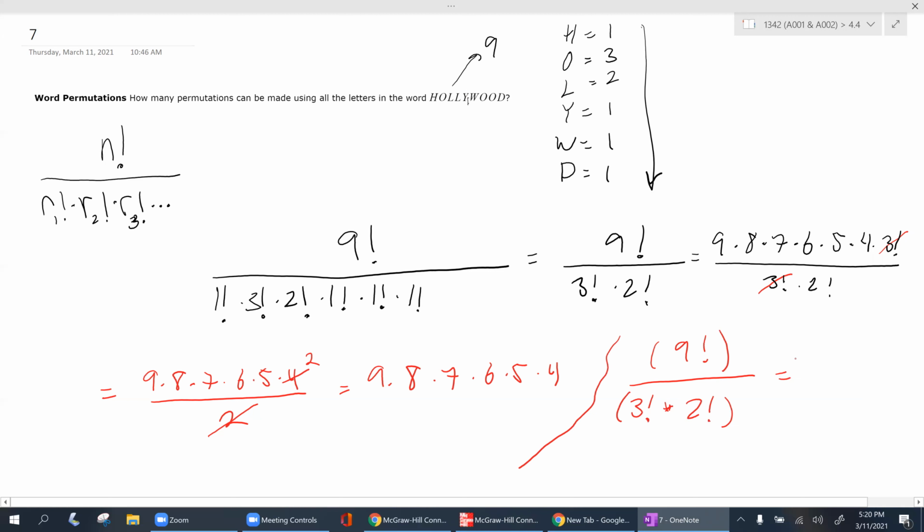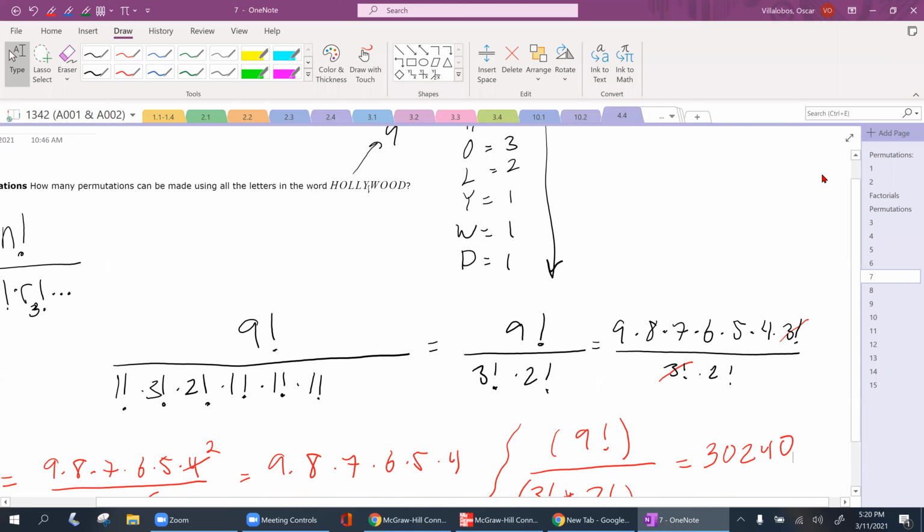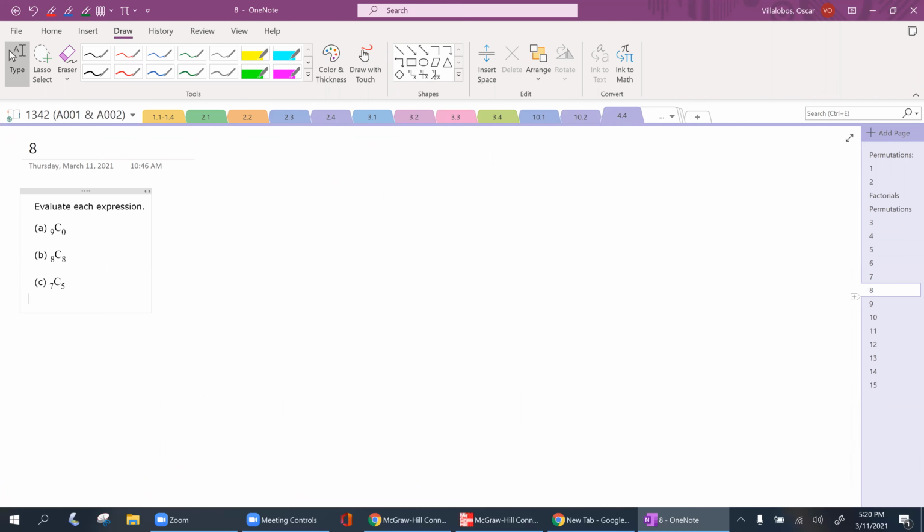Let's see what we get. I get 30,240. So that's how many permutations can be made using all the letters in the word Hollywood. Okay, go on to the next question.